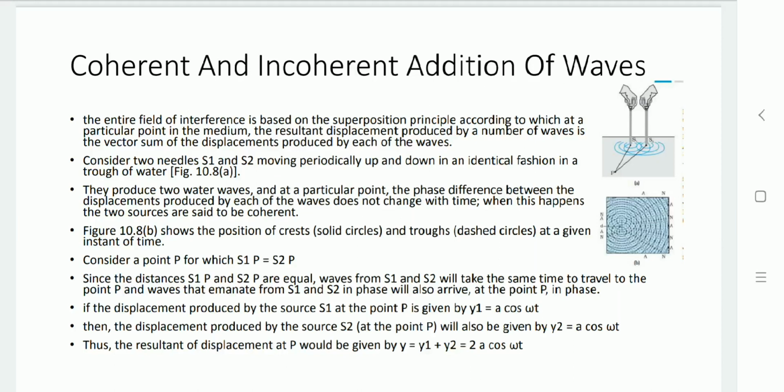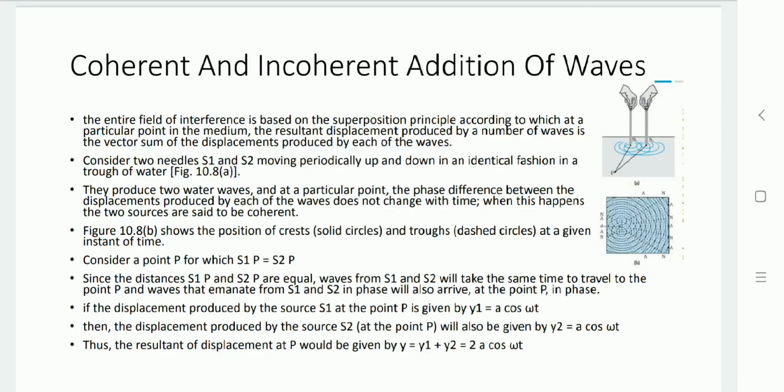Now the displacement produced by S1 at point P, let us consider as y1 equal to A cos omega t, and the displacement produced from source S2 at point P, y2, is also A cos omega t, because the distance is the same. So if it takes the same time to reach there, then their behavior is the same.